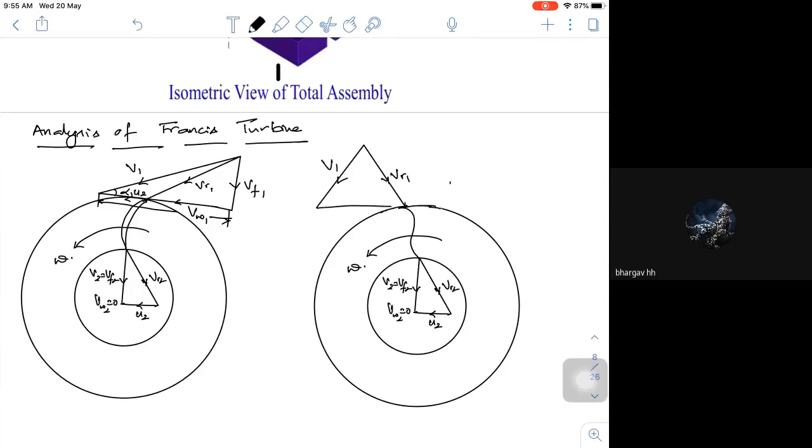This is the direction of rotation of your U1. If I try to take the components of V1, this will be my VF1, and this will be my VW1. So this will be my alpha 1, and this will be my beta.